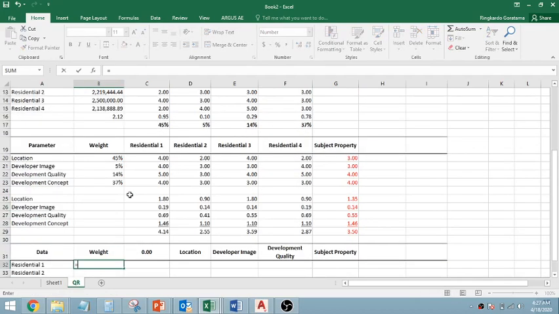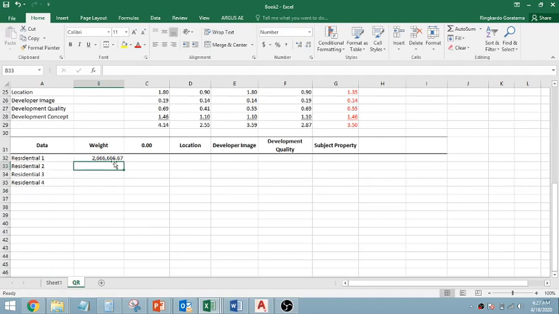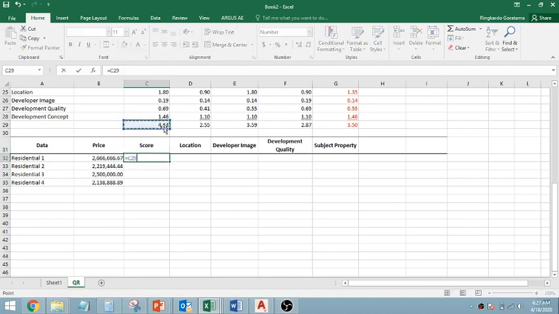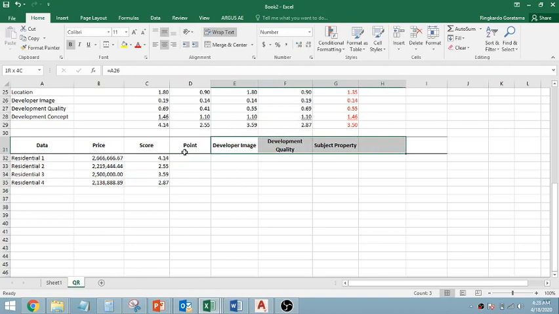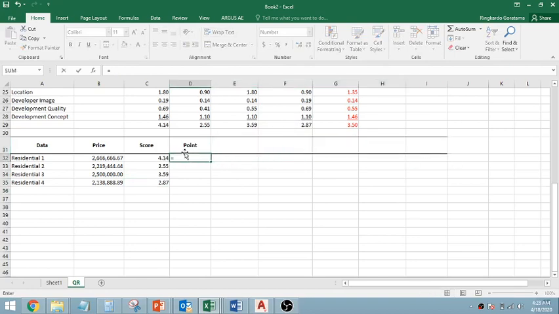And this is the price. And we put the score here. And this is the point, and we divide this with this.